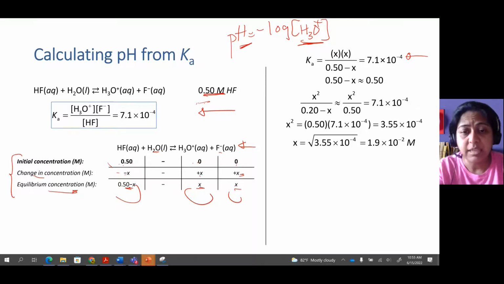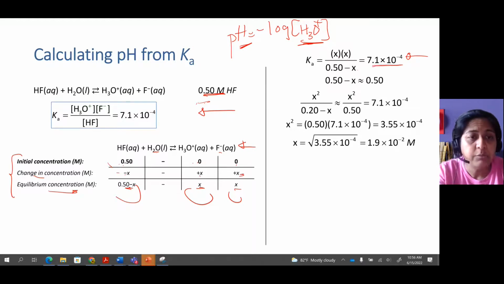Ka equals x times x divided by 0.50 minus x. We are also given the Ka value for this acid as 7.1 times 10 to the negative fourth. So we assume this x is a negligible value, so approximately 0.50 minus x equals 0.50.